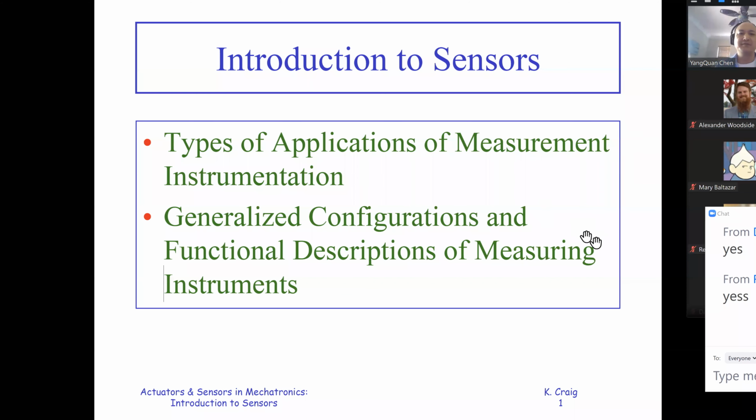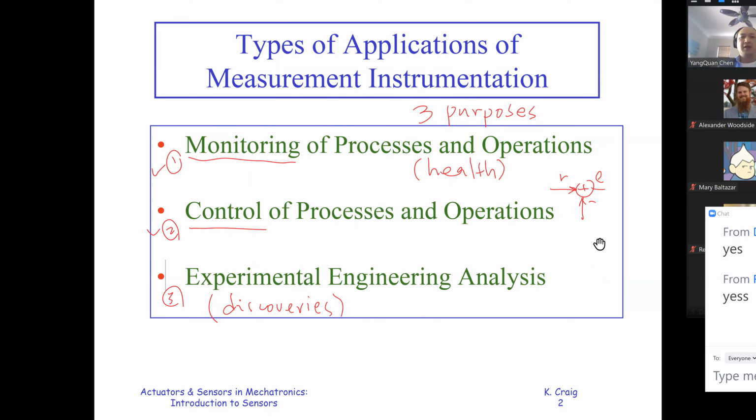Let's move on. Okay, so of course, here I am going to cover mostly those measurements for controls. So we have 3 purposes here, why we need to measure, okay?